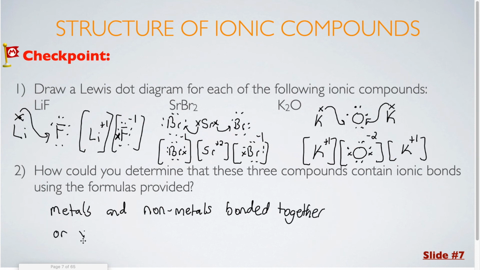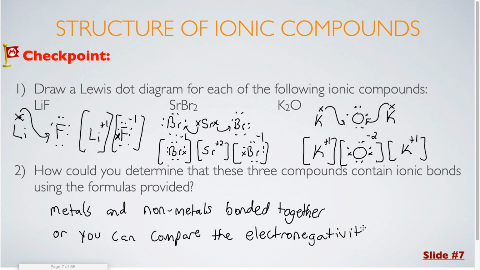Or you can compare the electronegativities. For the examples that I'll be giving you in class, it'll probably be easiest to just look to see if you have a metal and a nonmetal to determine if it is ionic or not.